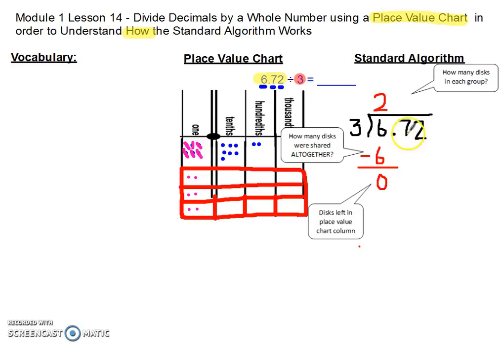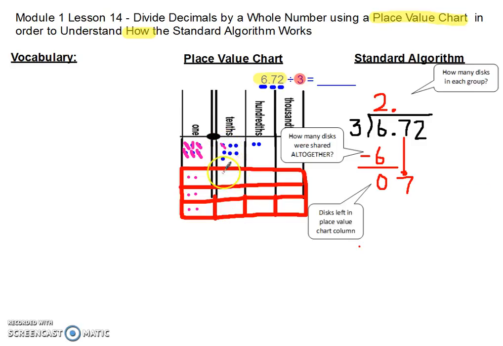Now I'm moving over to my tenths column, and I'm going to put that 0 down, and I drop that 7 down, and I have 0, 7, and that should be also how many discs I have in my tenths column, which is 7. Now I start that process all over again and share out my 7 into each of these 3 groups.